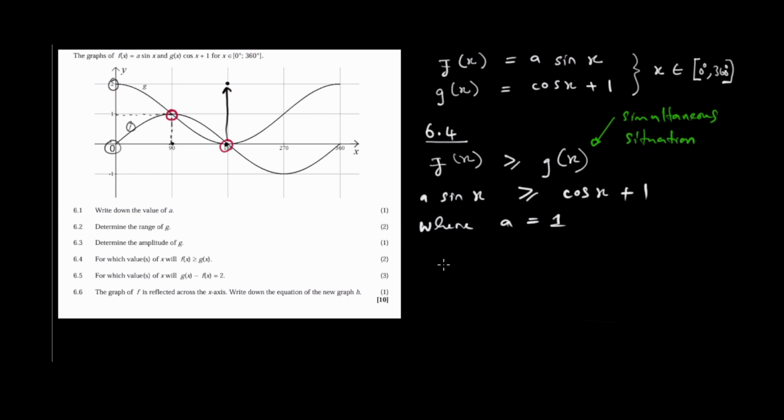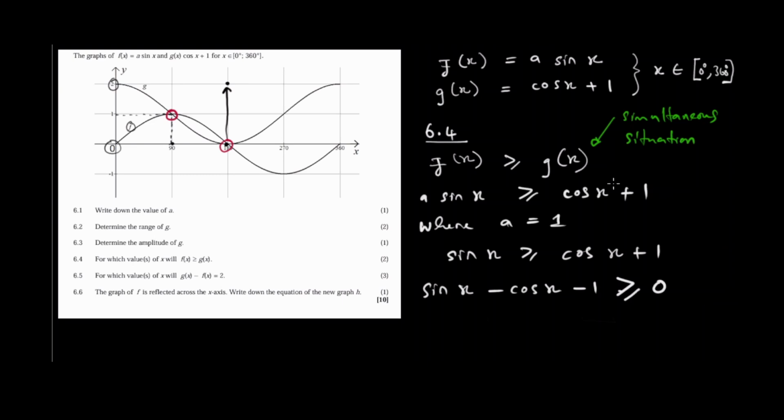So we are going to replace a with 1, so simply sin x is greater than or equal to cos x plus 1. Then when we transfer everything to the left hand side, sin x minus cos x minus 1 will then be greater than or equal to 0. As you can see, that then seals it off, showing us that that's a simultaneous situation.